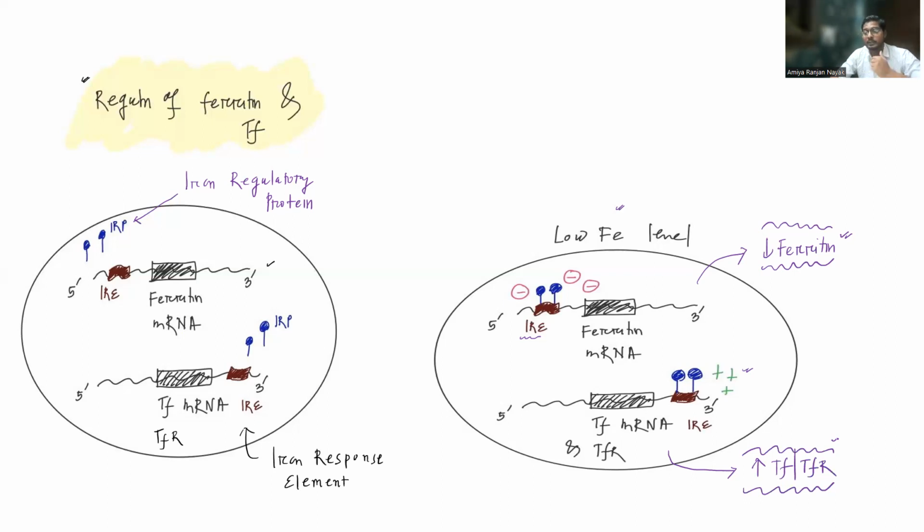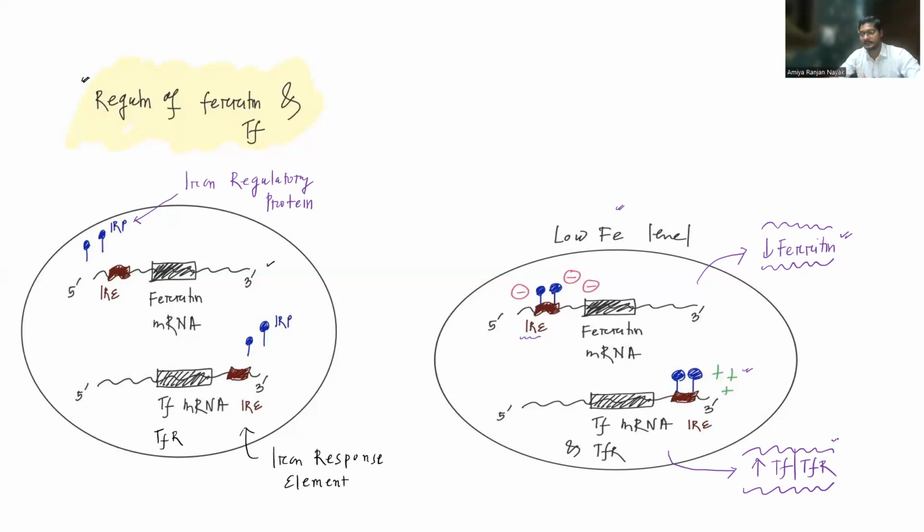How can it take from the circulation? By increasing the transferrin receptors, and also by increasing the transferrin, it can take up the iron from the duodenal epithelial cells through absorption, and also the iron released from the macrophages. As we have discussed previously, macrophages can release iron whenever there is a need, and iron is also absorbed in the duodenum. All the iron coming into the circulation is bound to transferrin.